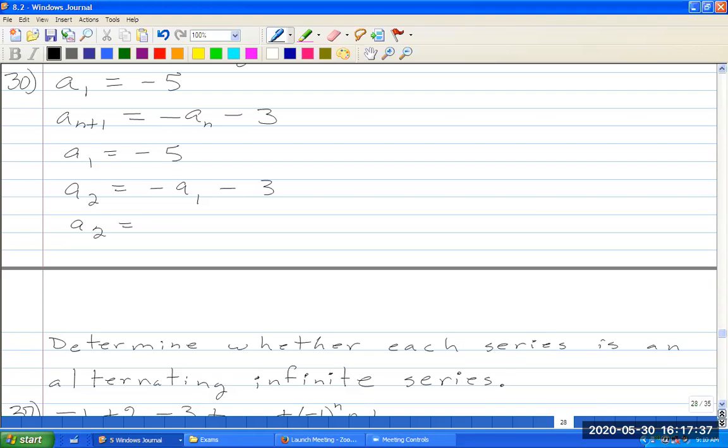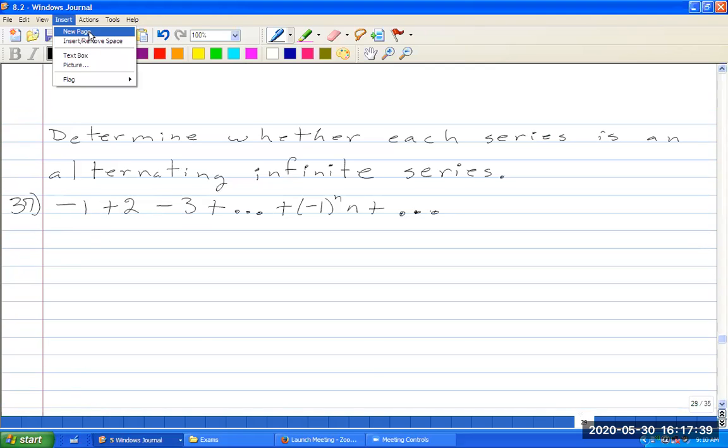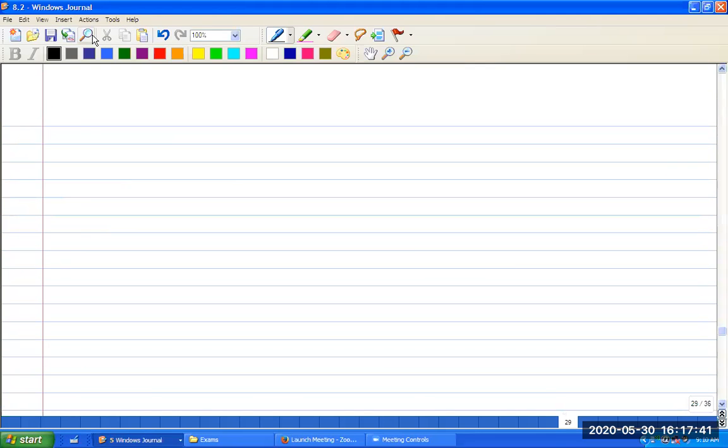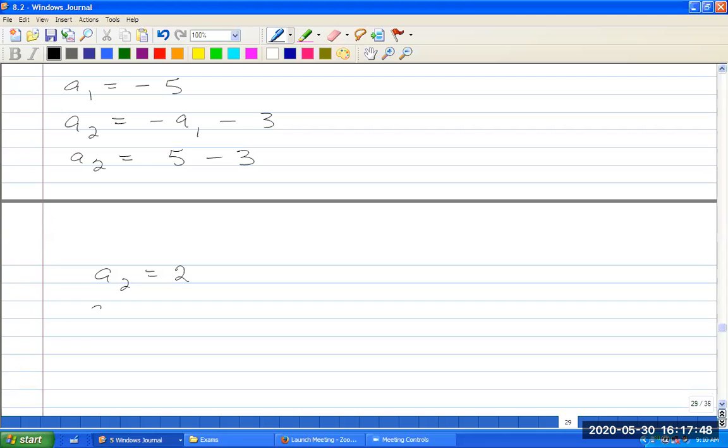And so I have that A2 is equal to 2. A3 is minus A2 minus 3. And so it's negative 2 minus 3, negative 5.